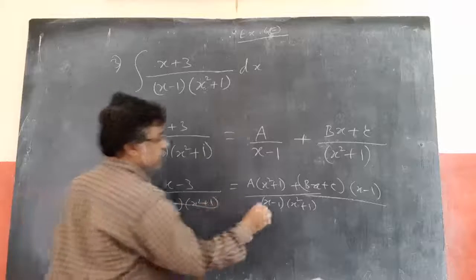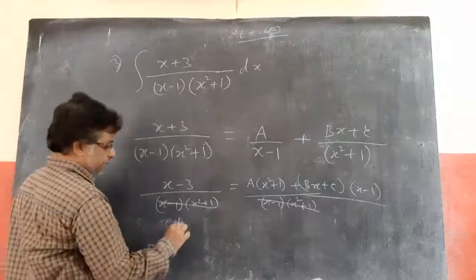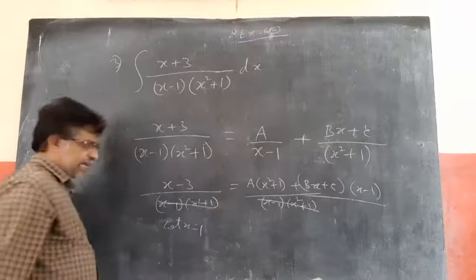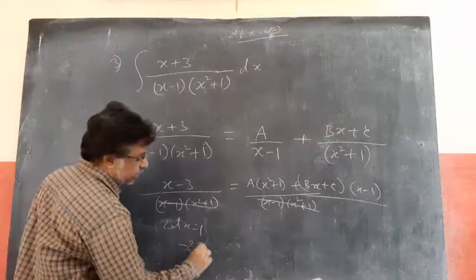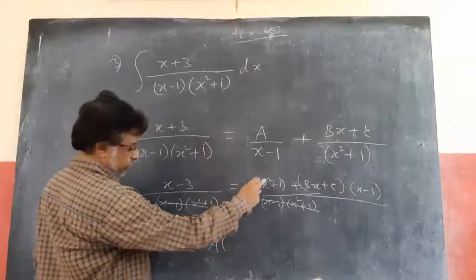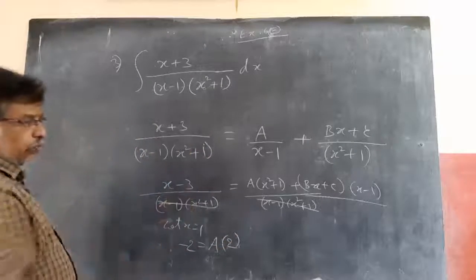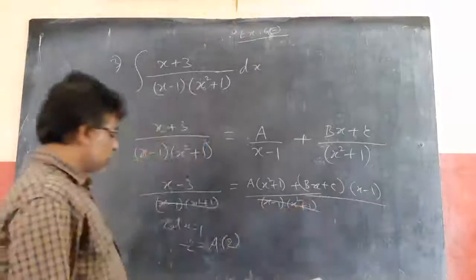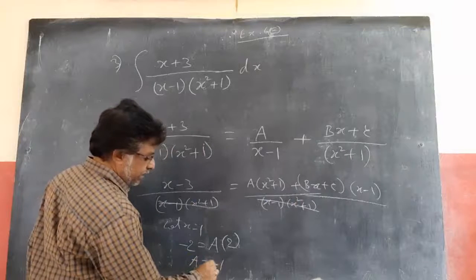So these two get cancelled. Now let x equal to 1 and get the a value. If you substitute 1 here, 1 plus 3, 4, equal to a into (1 plus 1), 2, plus 0. 1 minus 1, 0, and everything is 0. So a equals minus 1.